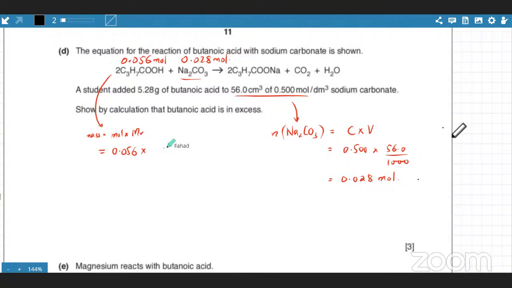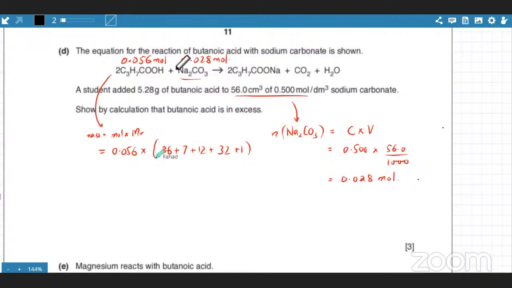Trying to find the Mr, we can start calculating. It's 3 carbons, so that's 12 times 3, that's 36. Plus, if you look over here, there are 7 hydrogens, so that's 7 times 1. Plus there's another carbon, so that's another 12. Plus there are 2 oxygens, so that's 16 times 2, that's 32. Plus there's one hydrogen at the end as well.